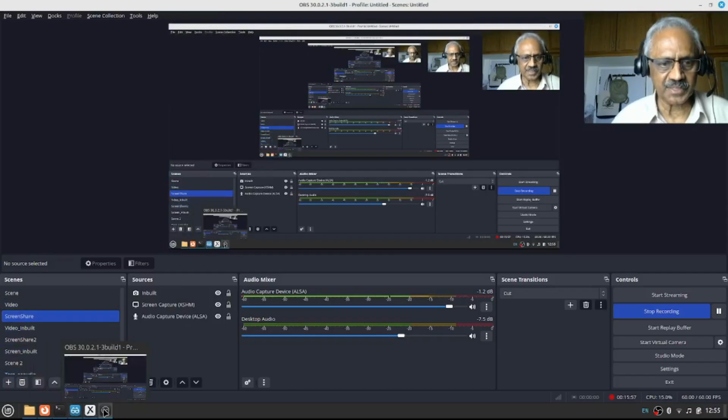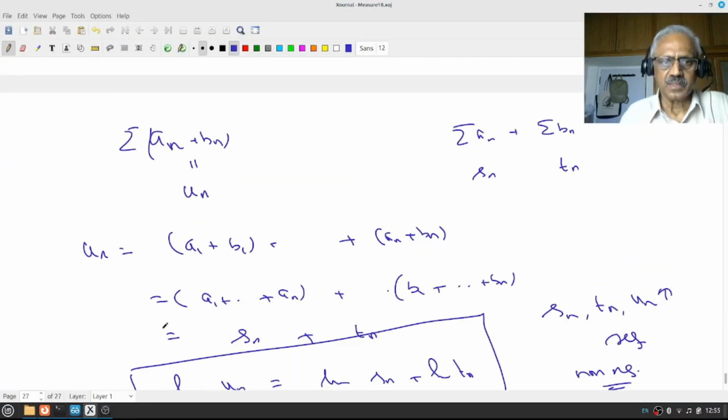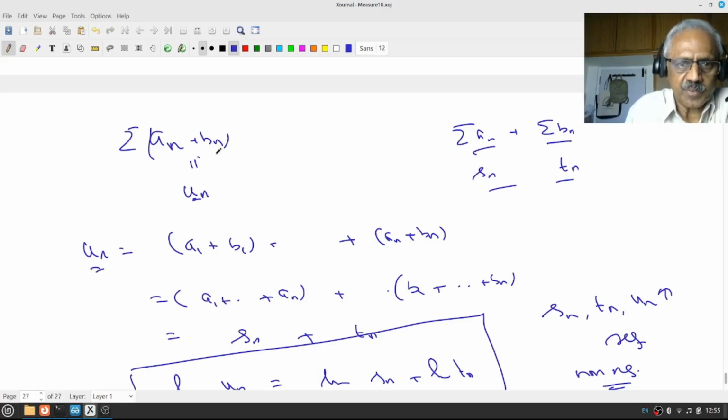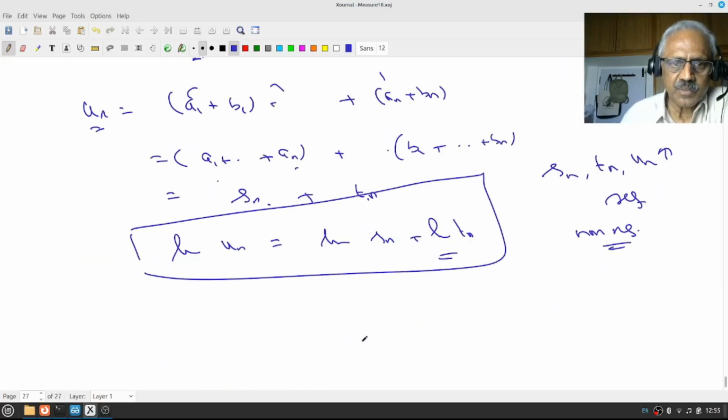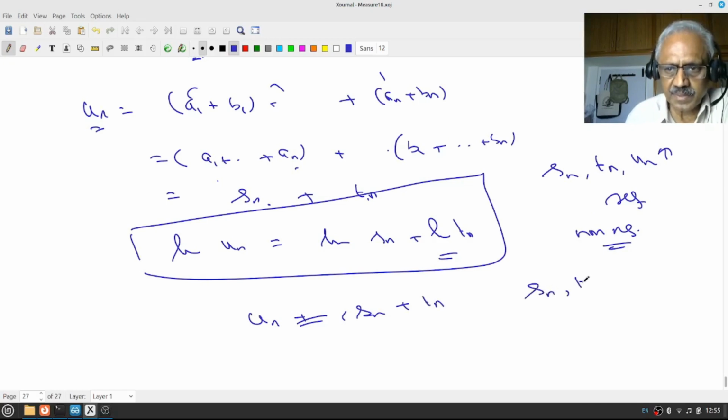I forgot to share as usual. Okay, suppose I have summation of this, and call the partial sums un, and the partial sums of these Sn and Tn. Then what is Un? A1 plus B1, etcetera, An plus Bn. But since it's a finite sum, I can group these: A1 to An plus B1 to Bn. But that is Sn plus Tn. Therefore my Un is equal to Sn plus Tn. And remember, Sn, Tn, Un are all non-negative.